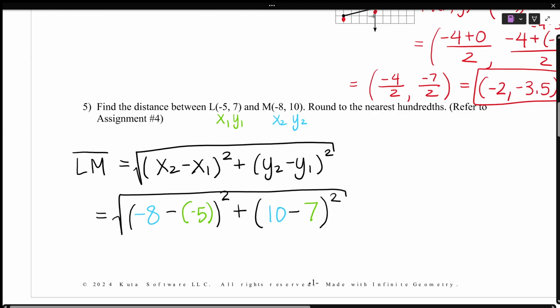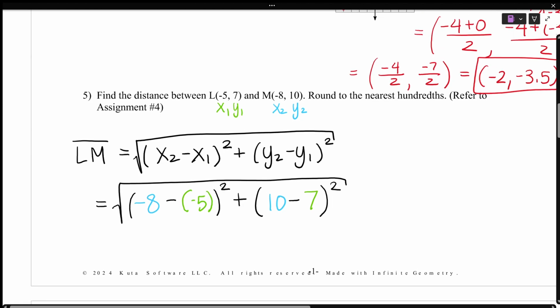Now let's simplify, right? Let's make things a little bit easier to work with. -8 minus -5, those two negatives make a positive, so that turns into -8 plus 5. Negative 8 plus 5 is negative 3 squared, plus 10 minus 7, that's just 3 squared.